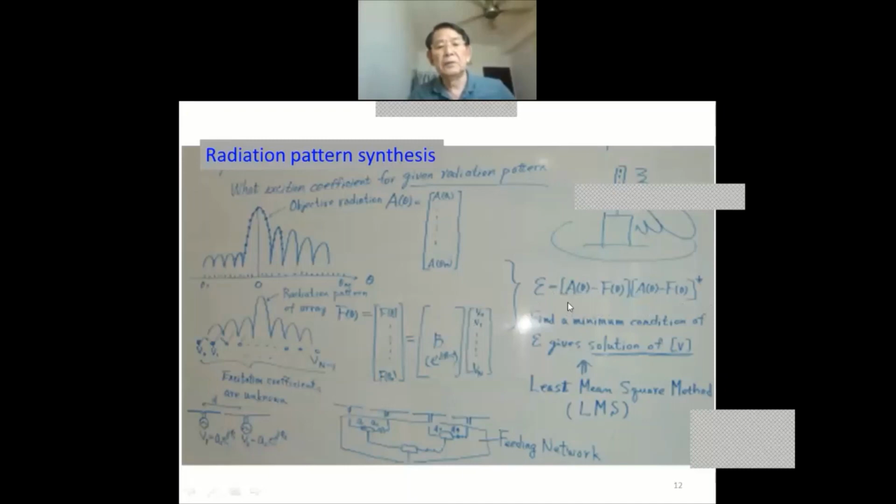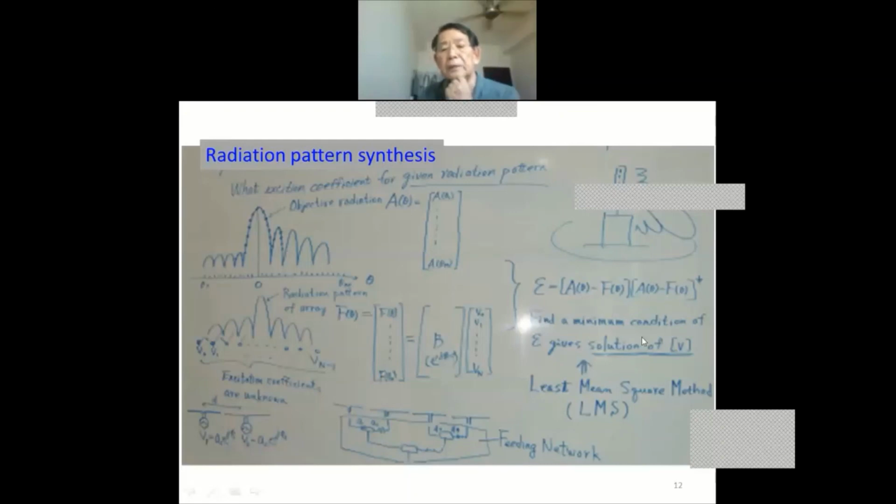To minimize this function, we can calculate the solution. So this method is called the least mean square method, LMS.